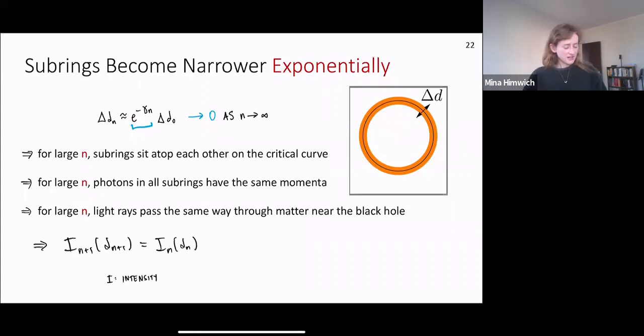And that's what this equation is showing, that for large n, the intensity corresponding to the n+1th image will be the same as that of the nth image, except it'll appear at this exponentially narrowed distance d_{n+1}. And what this is saying is that the images in intensity of the photon ring are self-similar. And the self-similarity is given by a scaling controlled by this critical exponent, which you can think of as the critical exponent gamma.